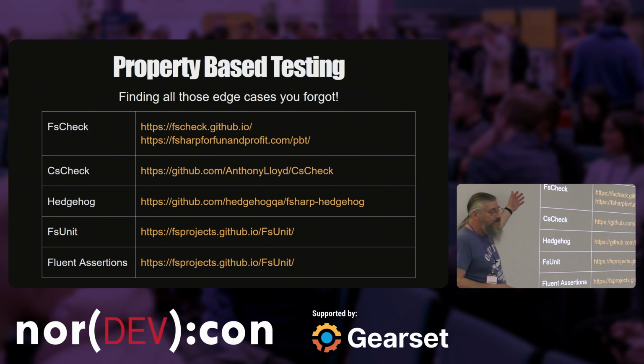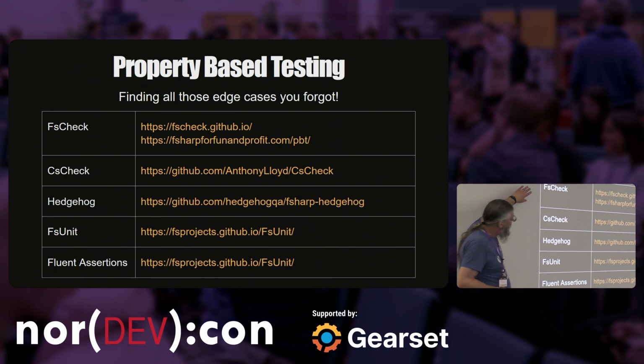Here are some links. The slides, I'll make available somewhere. FsCheck is here. Please note the documentation for FsCheck is pretty awful. It's not really awful, but it's not very complete. That's one of the reasons I wanted to write this talk. CsCheck and Hedgehog are other property-based testing frameworks, slightly more modern than FsCheck, whose documentation is even thinner, if anything.